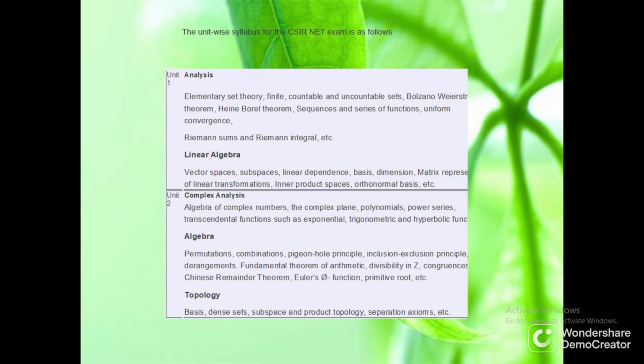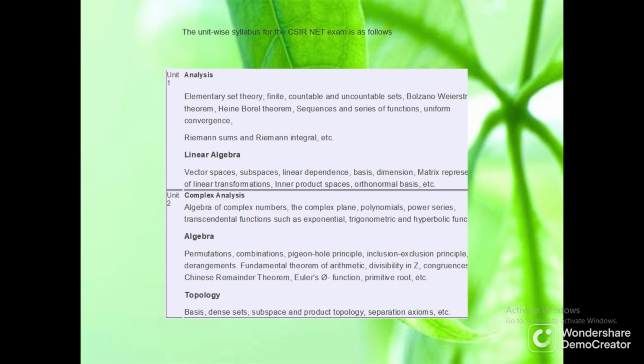Then linear algebra: vector space, subspace, linear dependence, basis, dimension, linear transformation, inner product space, orthogonal basis, etc. Linear algebra is very important, maximum questions come from this section, and students can solve them easily. Another very important part is Unit 2: complex analysis, algebra and topology.